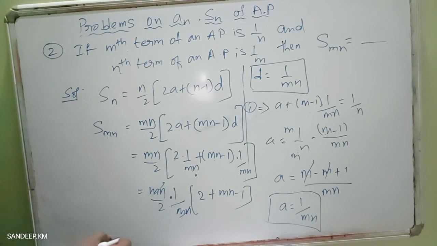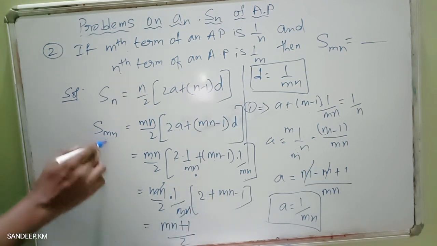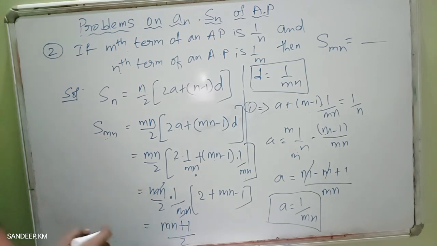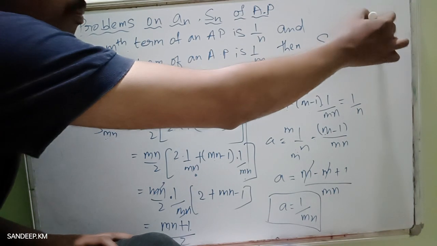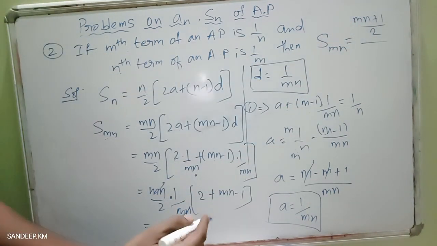So mn and mn get cancelled. Therefore the final answer is mn, and 2 minus 1 is plus 1, divided by 2. So the sum of mn terms is equal to mn plus 1 by 2. That is the answer. So you can check which option is correct and mark it.